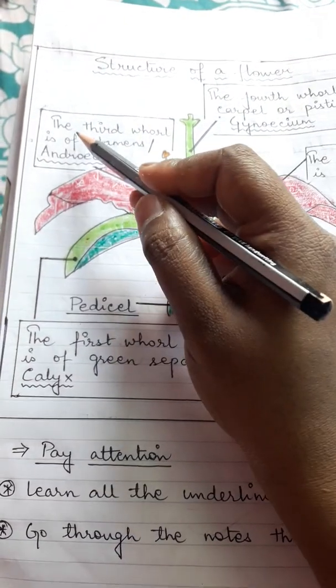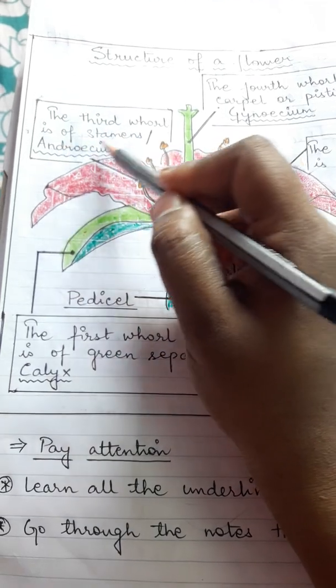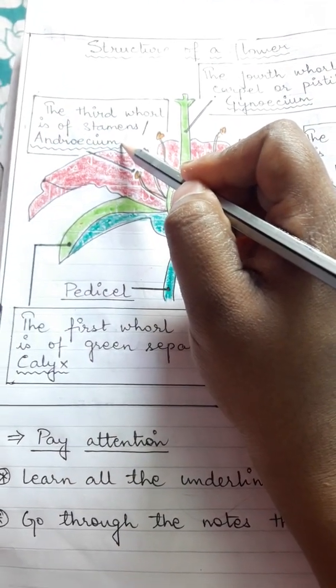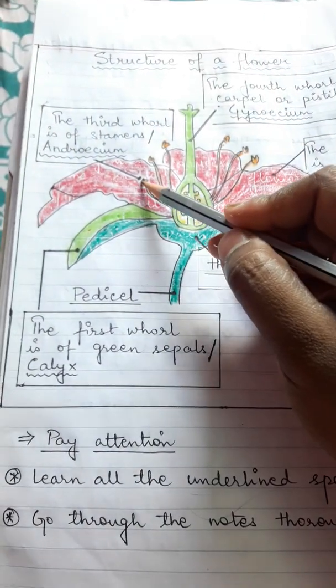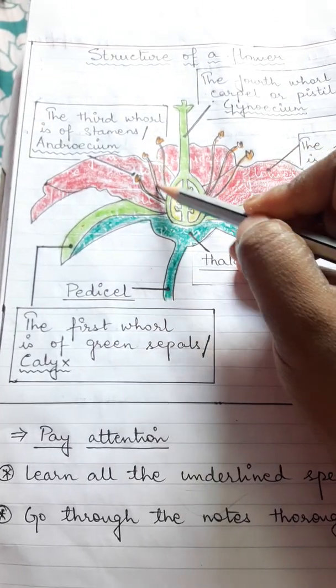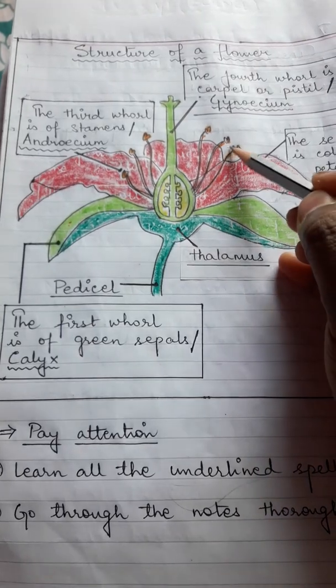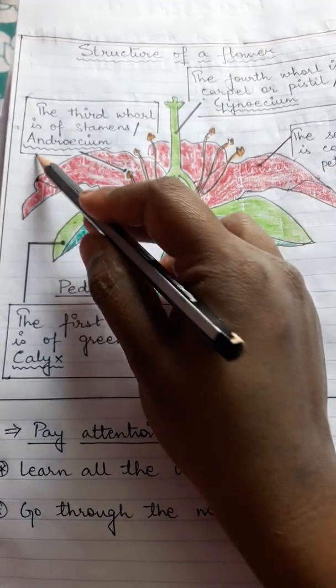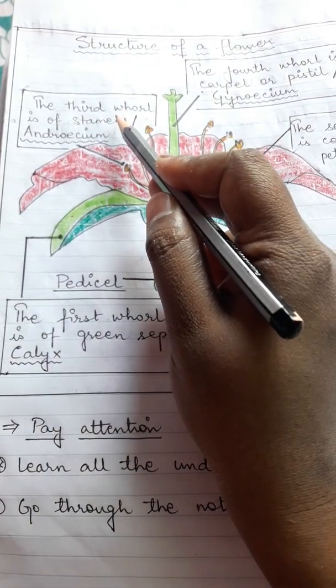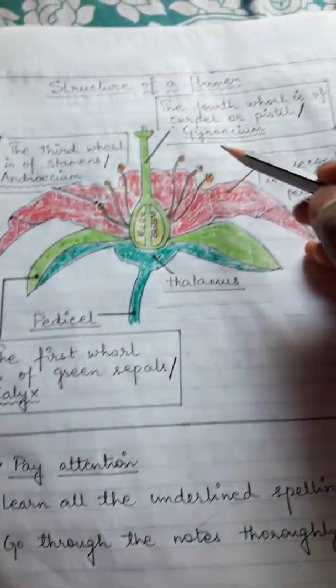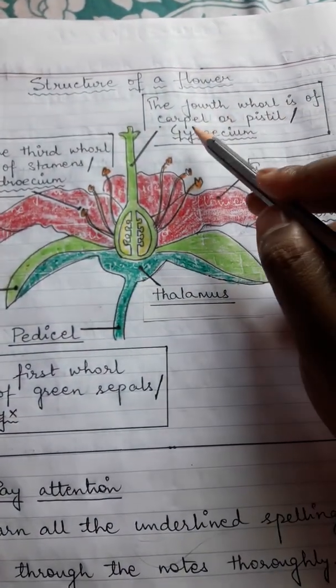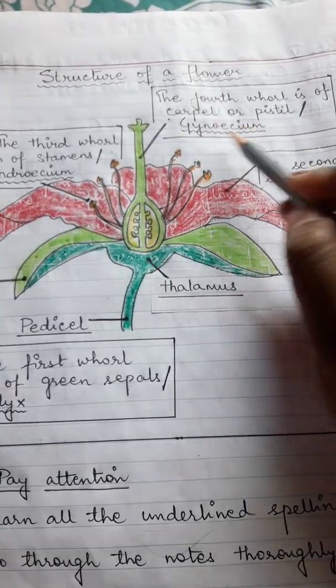The third wall is of stamens, that is androecium. Can you see this stamen here? These are all stamens, and androecium is also known as the collection of stamens. Understood? Now the fourth wall is of carpel or pistil, known as gynoecium.